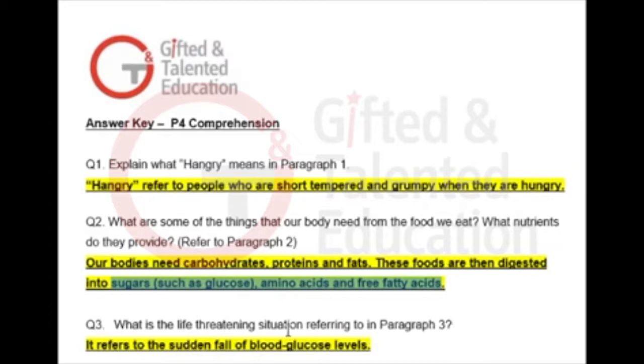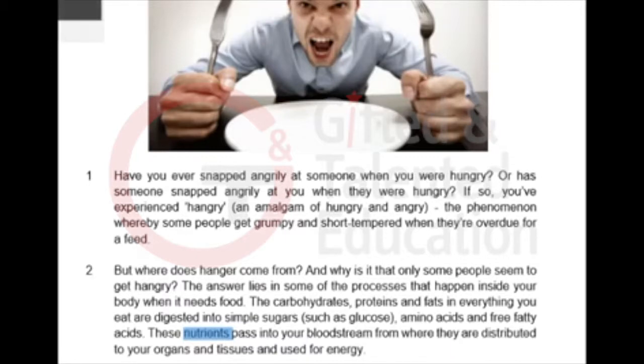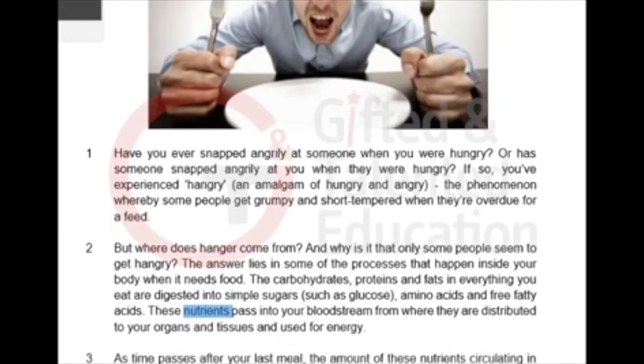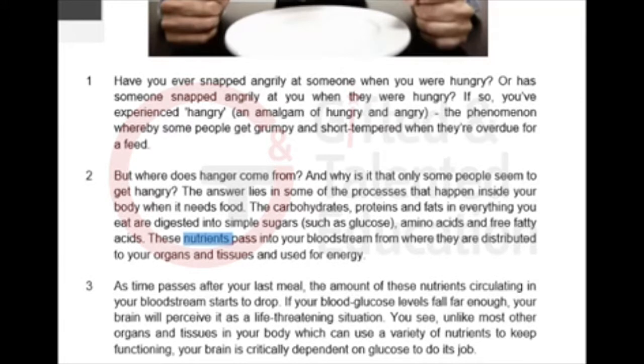Let's move on to question 3. What is the life-threatening situation referring to in paragraph 3? Well, let's go back to paragraph 3. In paragraph 3, I see a life-threatening situation.